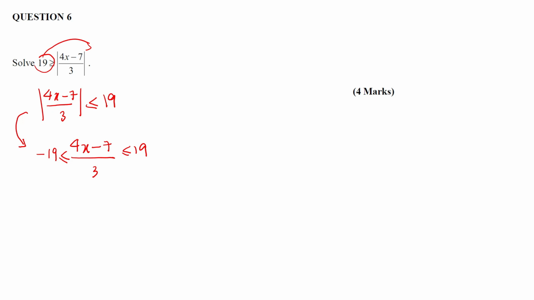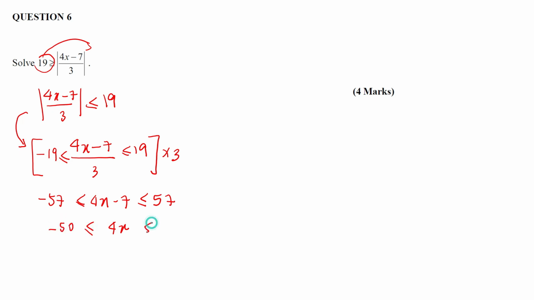Next part, we multiply the whole equation with 3. So we have minus 57 for 4x minus 7. This one is 57. For x equal to minus 50. This one is 64.